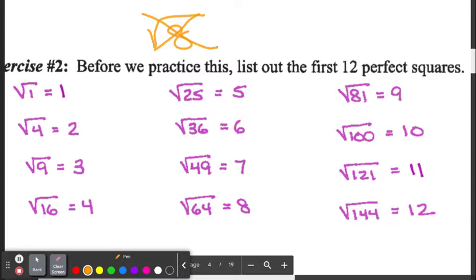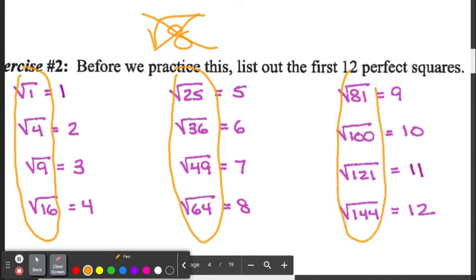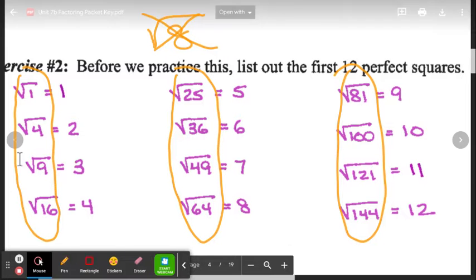So everything that I have inside a square root, these are perfect squares. These are things you can take the square root of. Okay? Notice 50 is not on here, 20 is not on here, 10 is not on here. These are your perfect squares. Make sure you copy these numbers down. You don't have to memorize them, but the better you know these, the quicker and easier these problems will be. After you've copied this down, then move on to the next page.